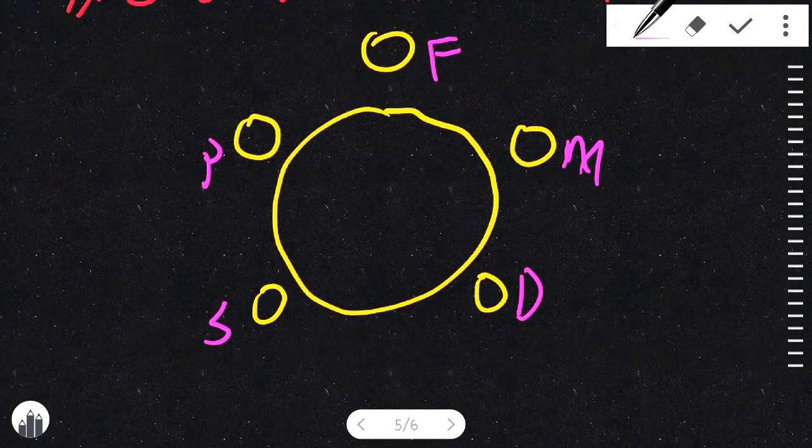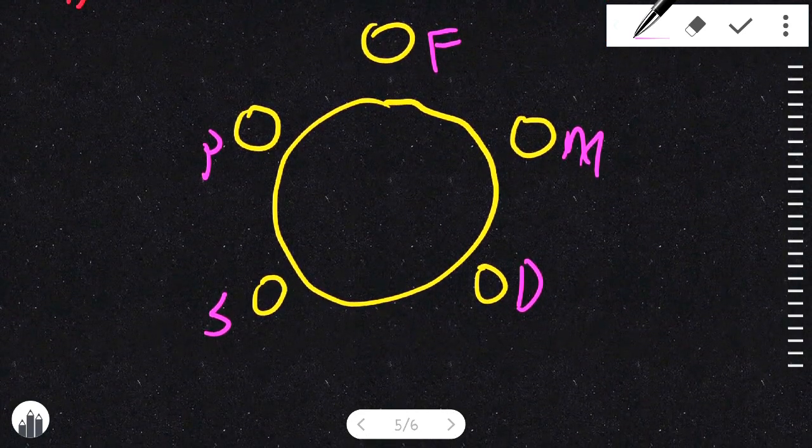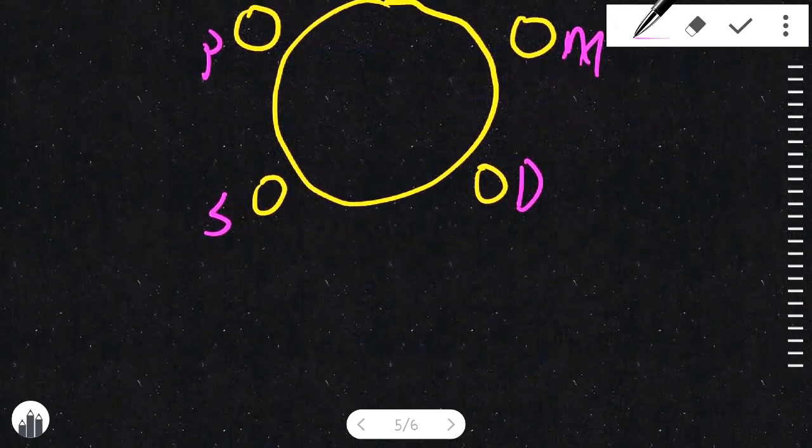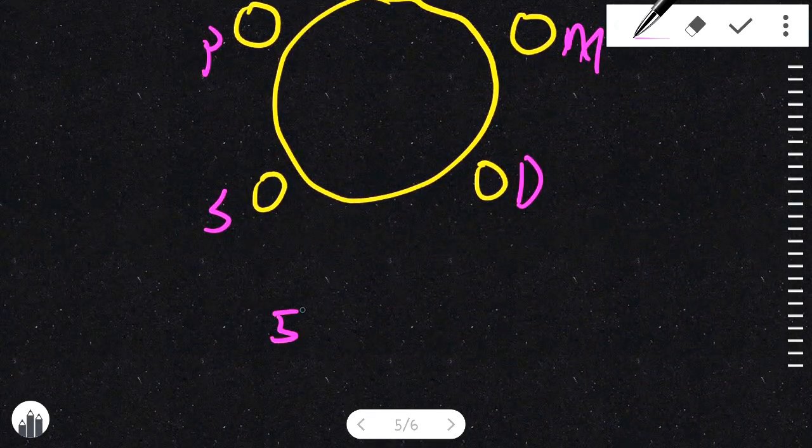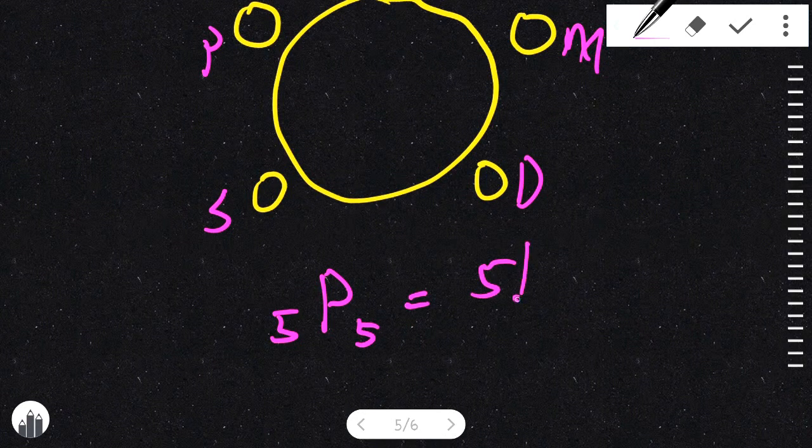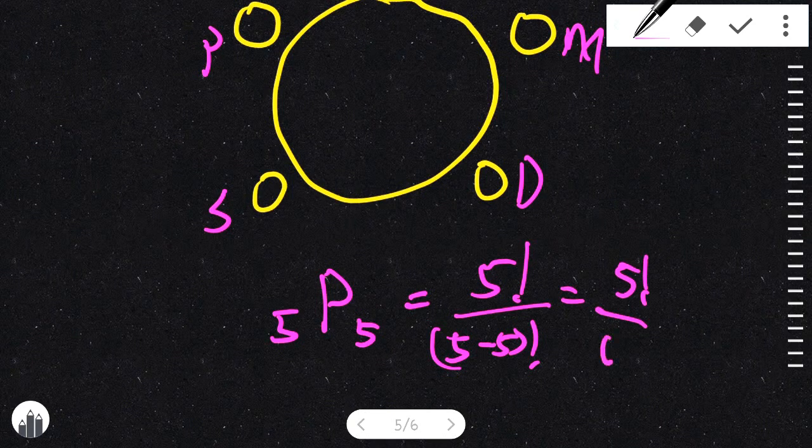Well, let's use the ordinary permutation we learned previously and calculate it. Out of 5 members of the family, we're going to choose 5 to sit at a table, which would become 5 factorial over 5 minus 5 factorial, which is going to be 5 factorial over 0 factorial, which equals 5 factorial.